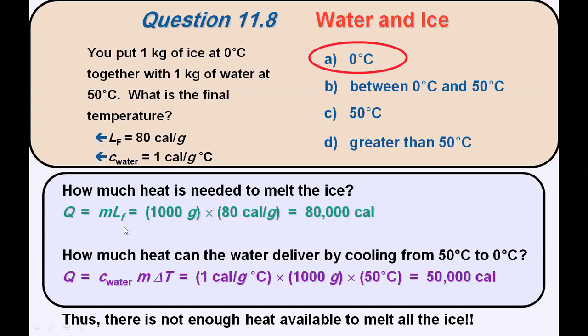Q equals M times L_F, which is about 80,000 calories. How much heat can the water deliver by cooling from 50 Celsius to 0 Celsius? Q equals C of water times M times delta T, so 1 calorie, which equals 50,000 calories. Thus there is not enough heat to melt the ice.